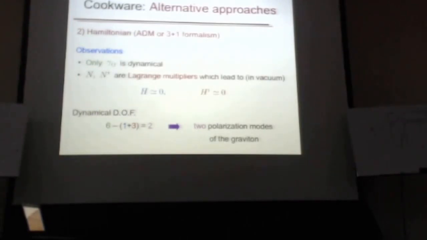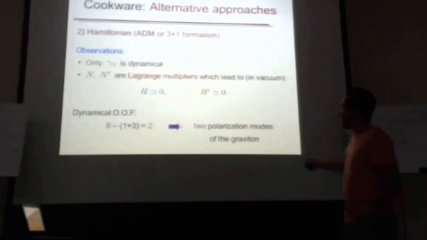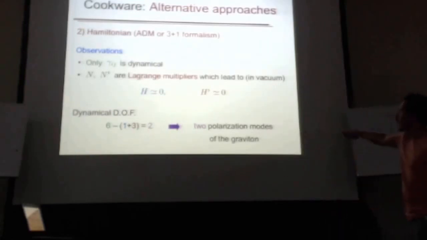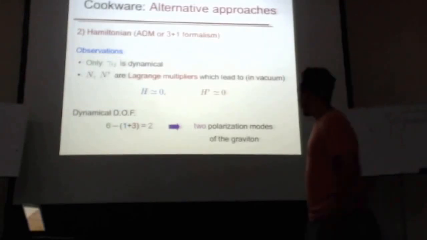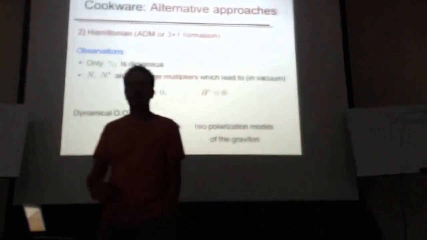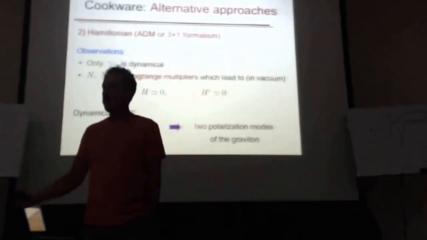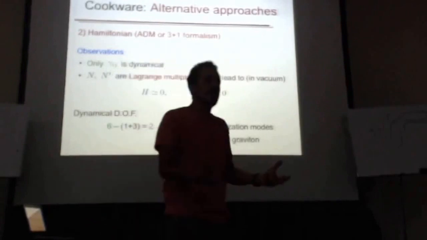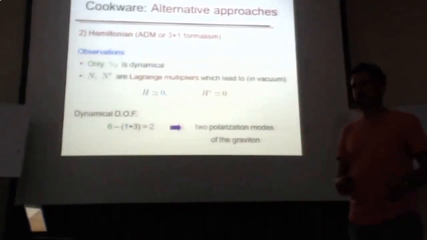That's what a constraint is. It doesn't have time derivatives, it only has relations between them. So out of these 6 independent variables, I have to remove 4, and I end up with 2. These are actually the 2 modes that compose a graviton. A graviton is the particle that carries the gravitational field.